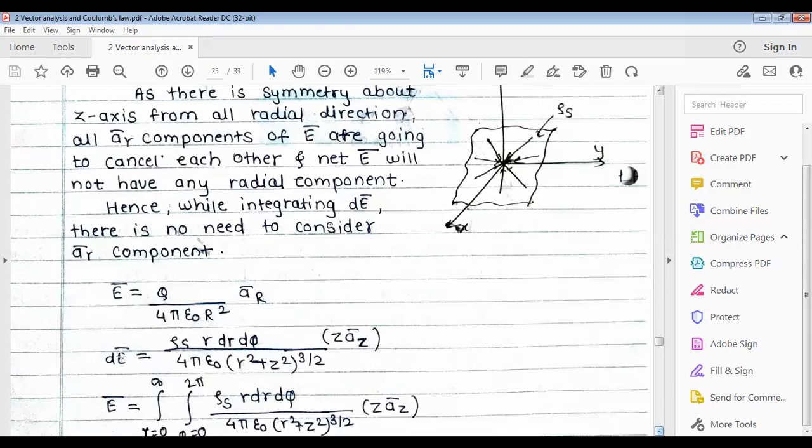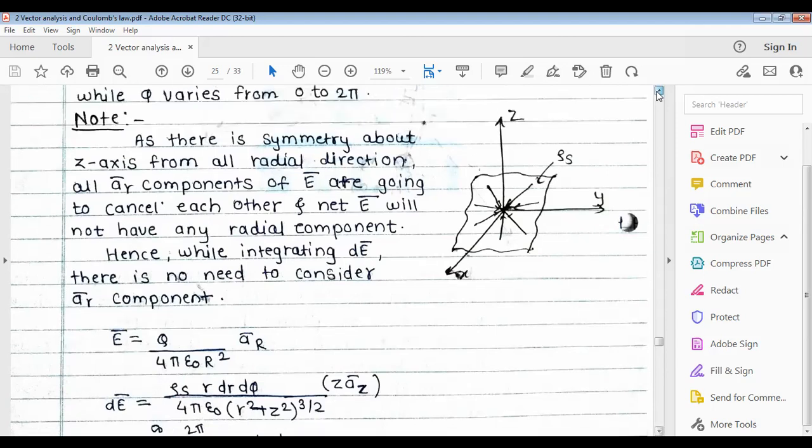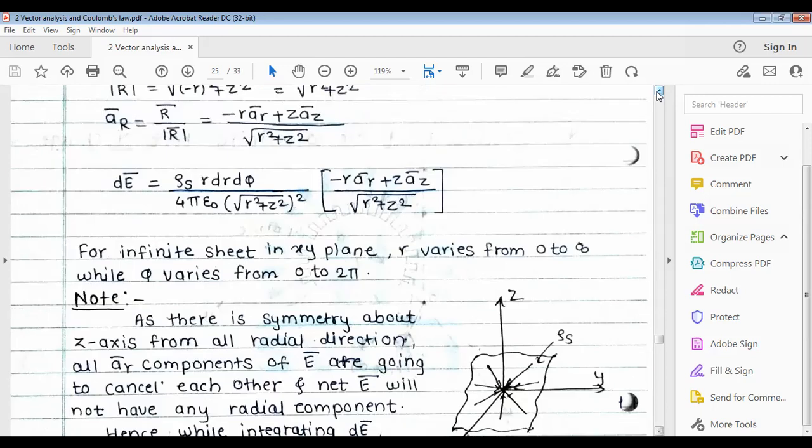So when we consider this equation for D bar, this a bar r component gets cancelled here due to symmetry.